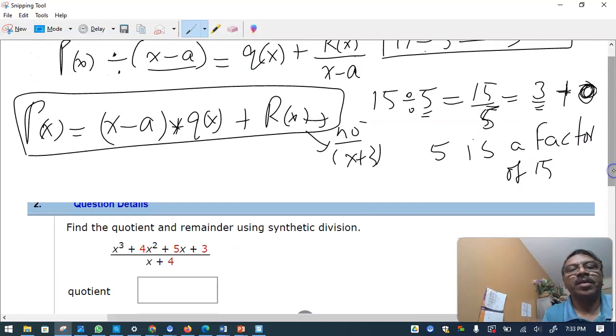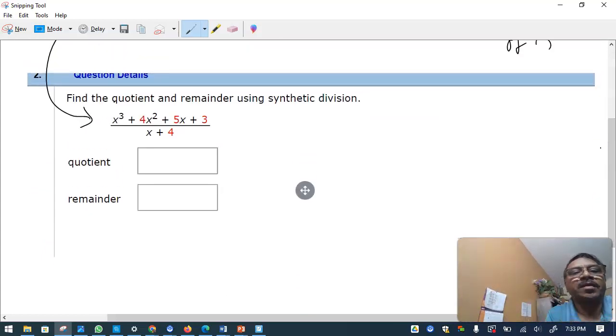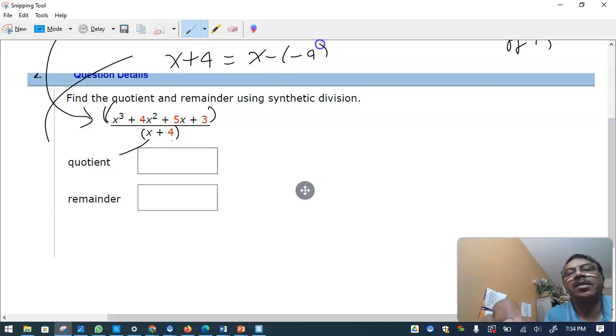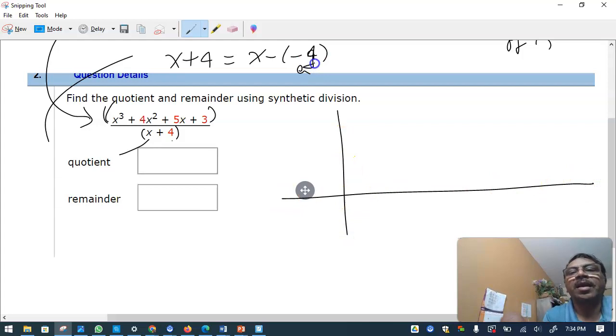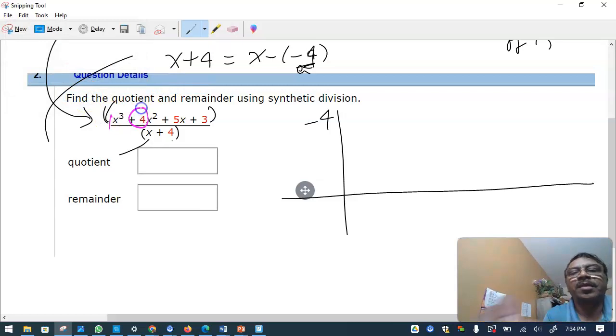Let's look at this example and see how we can write it. This is your p of x, and this is that x minus a. Now this x plus 4, we can write as x minus of minus 4, and this is that a. So in the synthetic division, you write this minus 4 outside, and then all the coefficients: 1, then plus 4, then plus 5, and then plus 3.